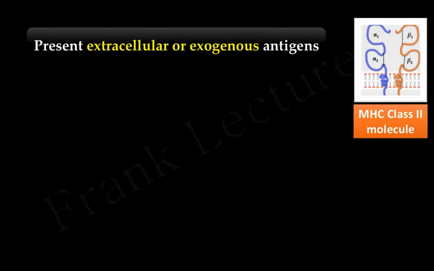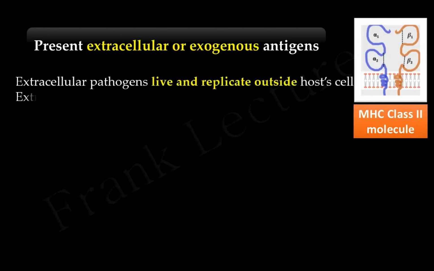MHC Class 2 molecules present peptides derived from extracellular pathogens. Extracellular pathogens live and replicate outside the human cells. For example, extracellular bacteria, toxins, and parasites.